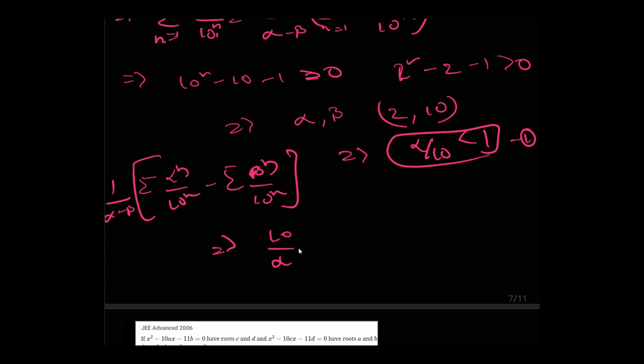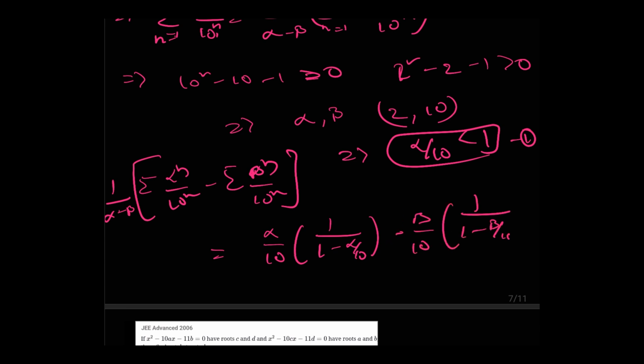We get alpha by 10 into 1 by (1 minus alpha by 10) minus beta by 10 into 1 by (1 minus beta by 10).